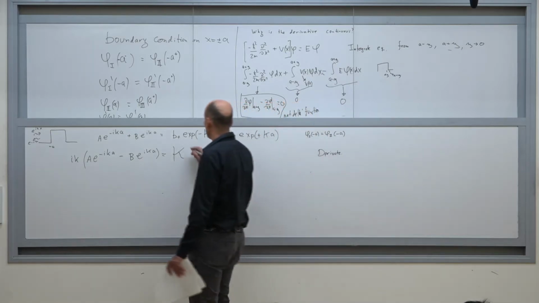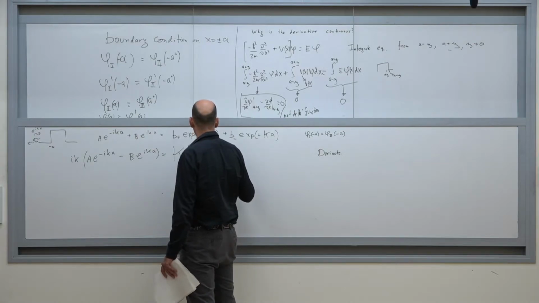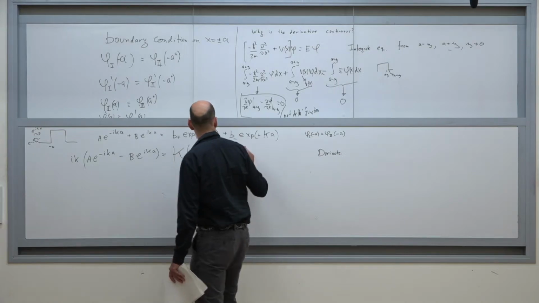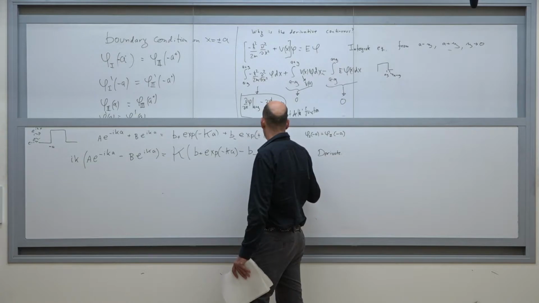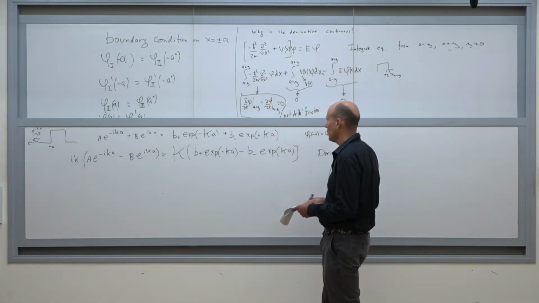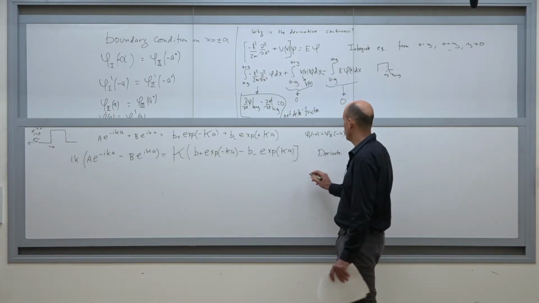And here I get kappa (B plus e^{-kappa a} minus ...), and here I had a minus B minus e^{kappa a}. If you don't see this, do it yourself.